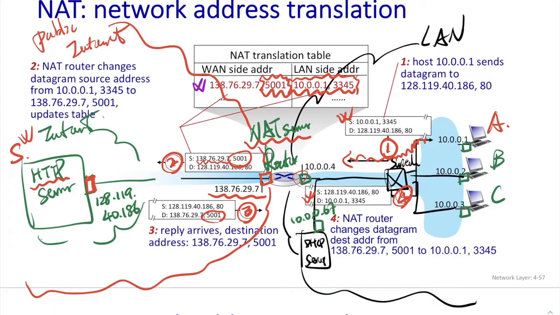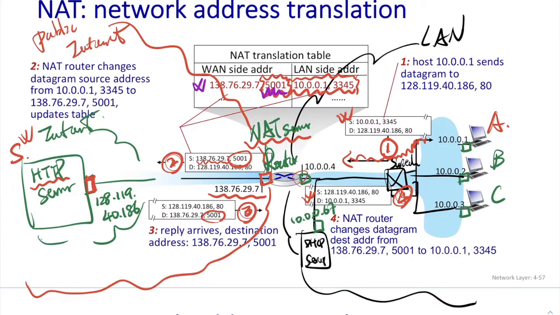But when you finish your communication, for example, you terminate your TCP socket, the NAT server will remove this entry in the NAT translation table. So the port number will be released for later use.